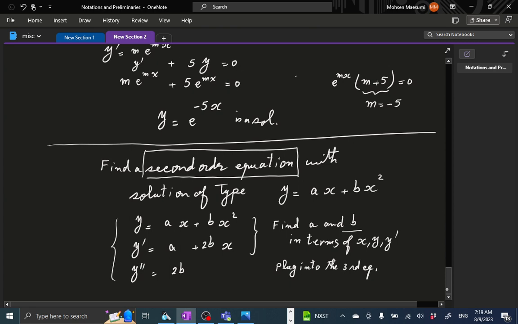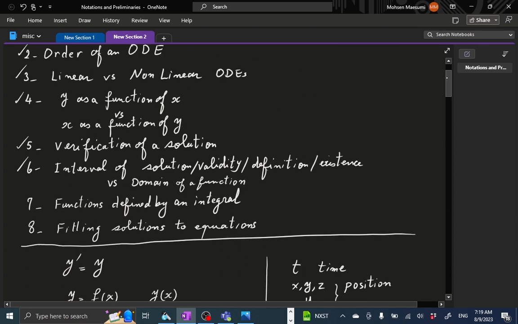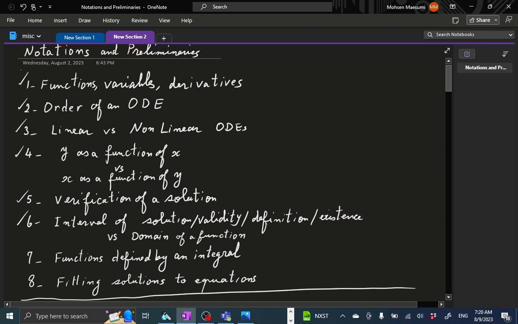Okay, so we talked about this backward type of question as well. Here's a solution, find me the equation. That's a little bit odd, but it's a good exercise. So fitting solutions to equations, we talked about that as well, and functions defined by an integral.